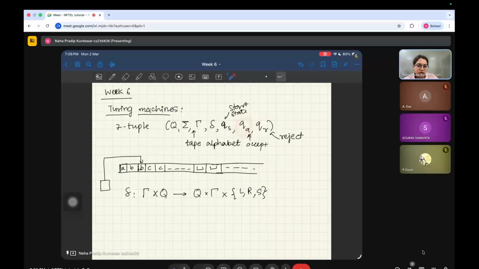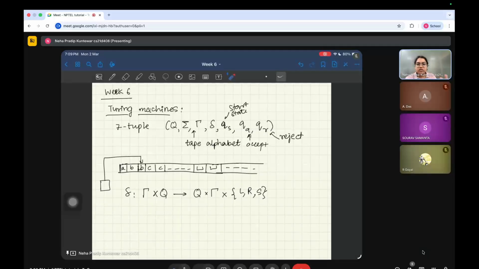So you say that QA and QR are two special states of the machine. If you ever end up in the accept state, then you should just accept and halt the computation. And if you ever reach the reject state, then you are done and you are going to reject the string.